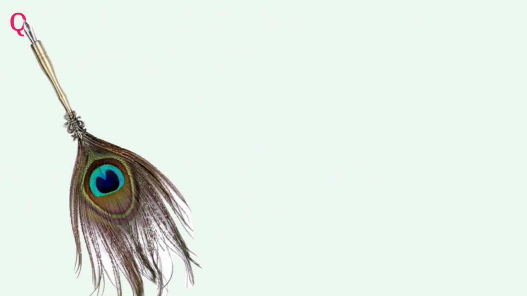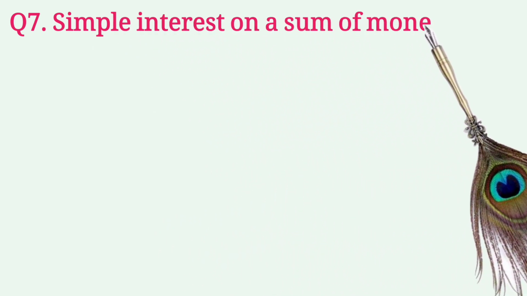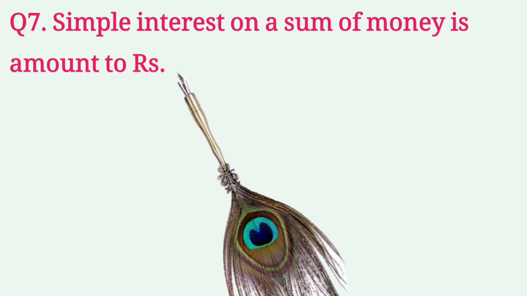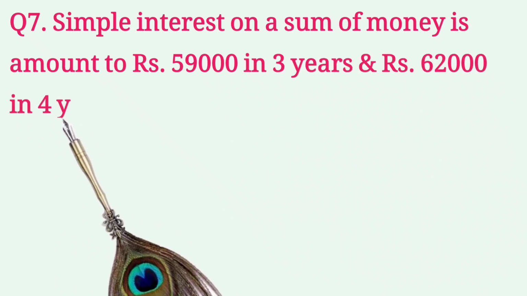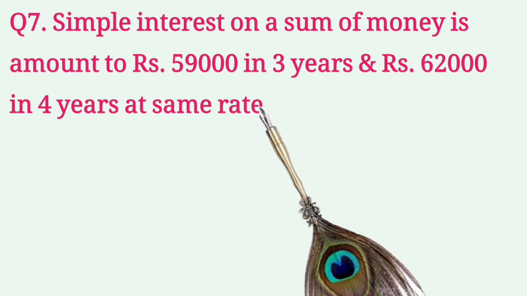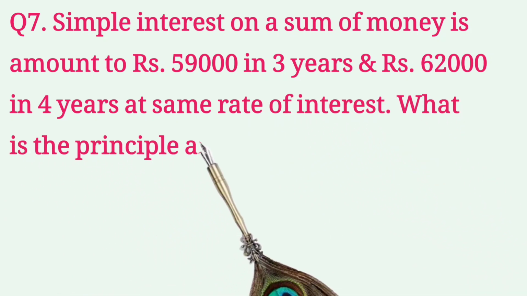Let's move to question 7. Simple interest on a sum of money amounts to rupees 59,000 in 3 years and rupees 62,000 in 4 years at the same rate of interest. What is the principal amount and the rate of interest?